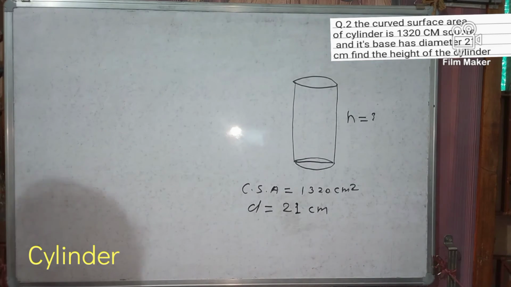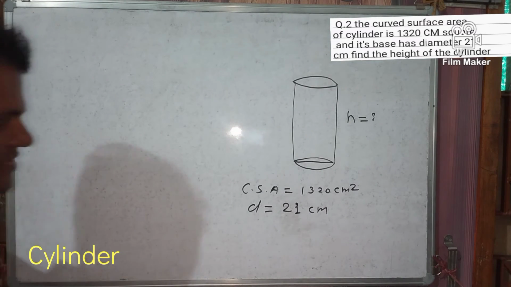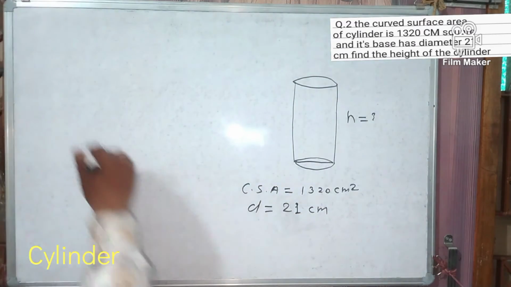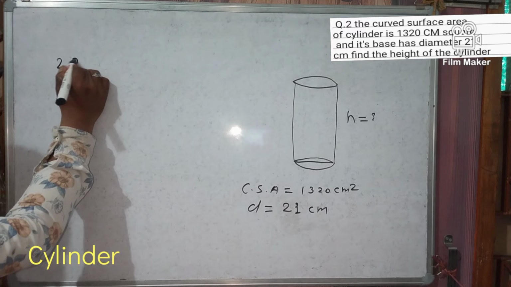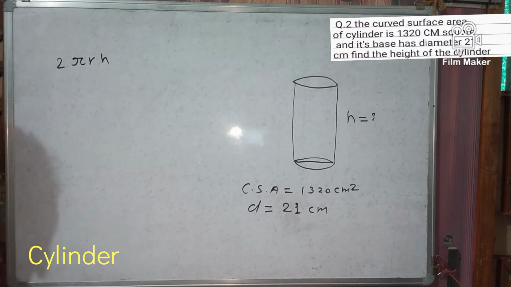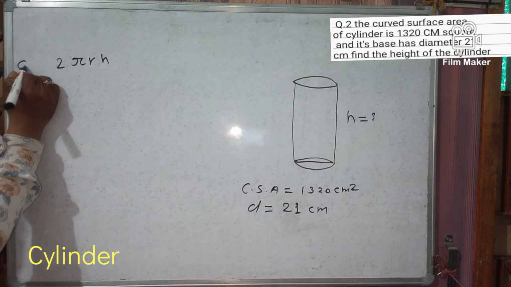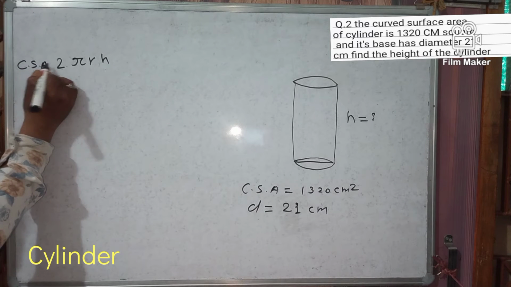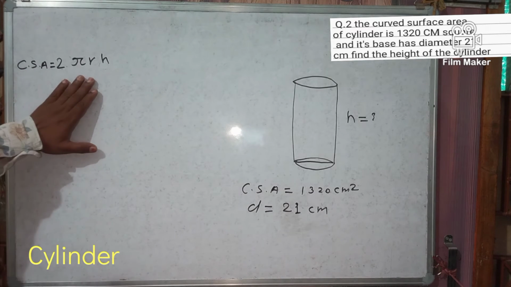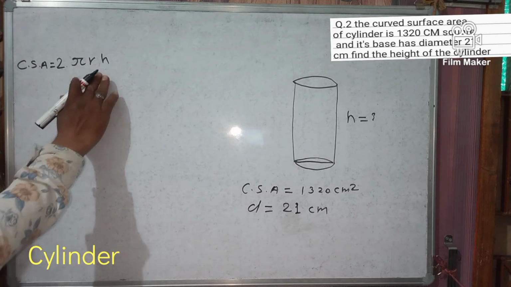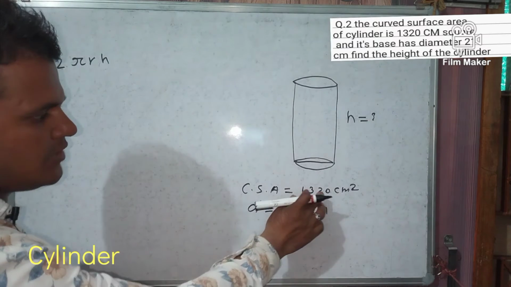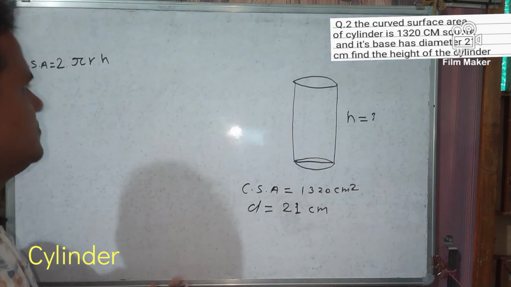Now we write the curved surface area formula: 2 pi r h, right? Curved surface area is equal to 2 pi r h, and it is given directly as 1320 centimeter square.